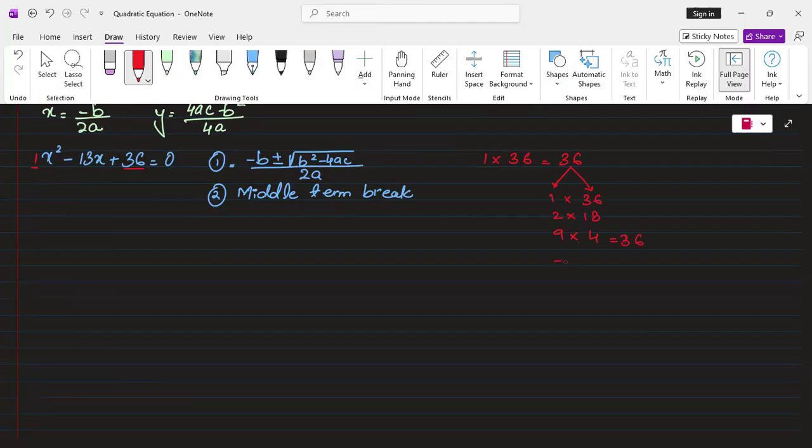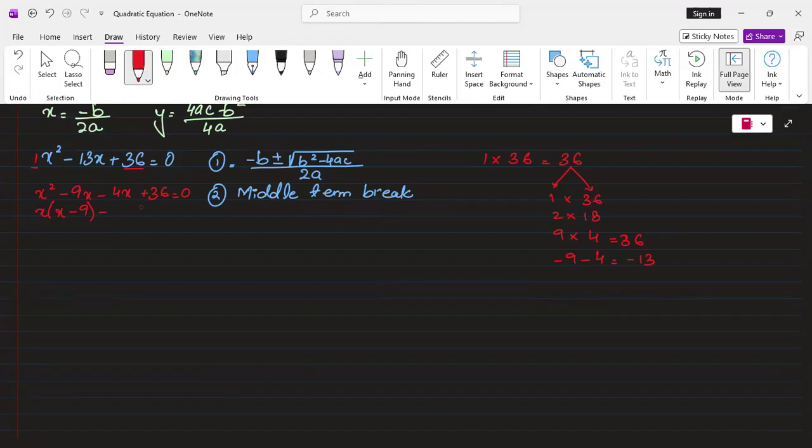So if I say minus 9 minus 4, this sums up to minus 13, right? So I can write it as x square minus 9x minus 4x plus 36 is equal to 0. From the first two terms, x is a common value, so I can write x minus 9.